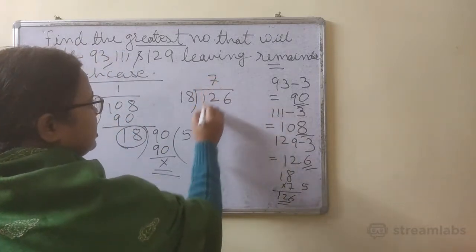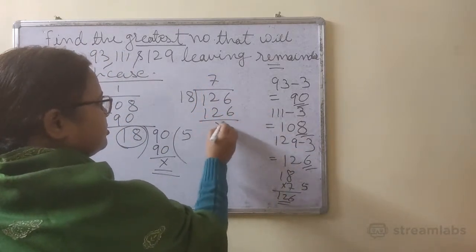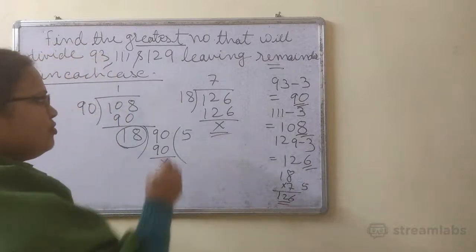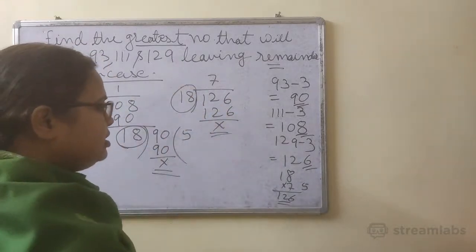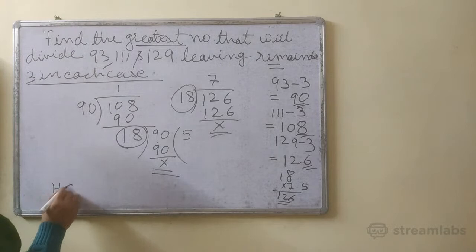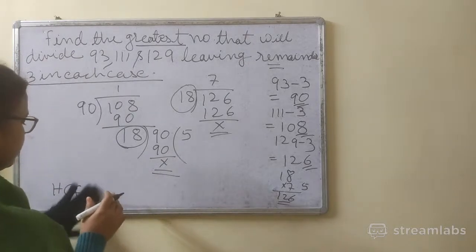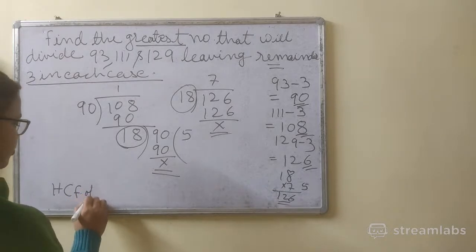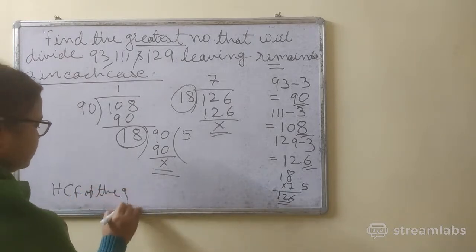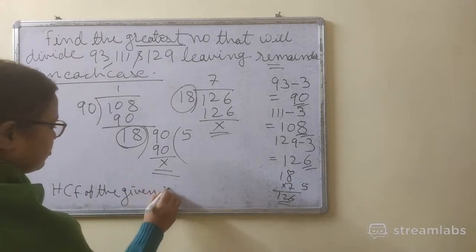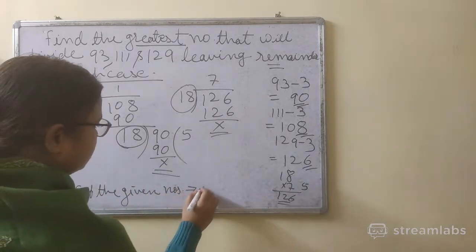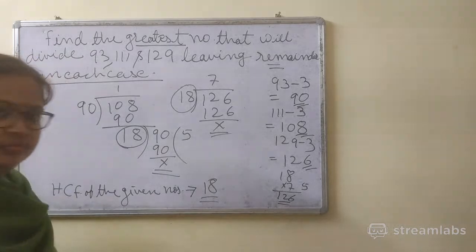Means how many times? 7 times, and now no remainder. So what will be the answer? 18 will be the answer. You will write HCF of the given numbers is equal to 18.